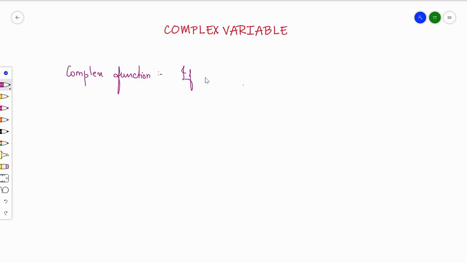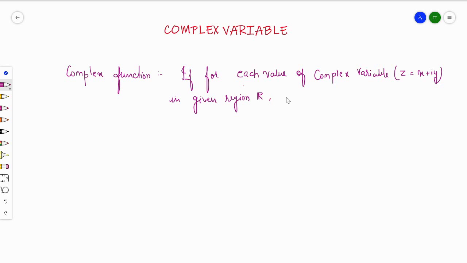If for each value of complex variable, means z is equal to x plus iy, in a given region R, we have one or more values of w, then w is said to be a complex function of z.